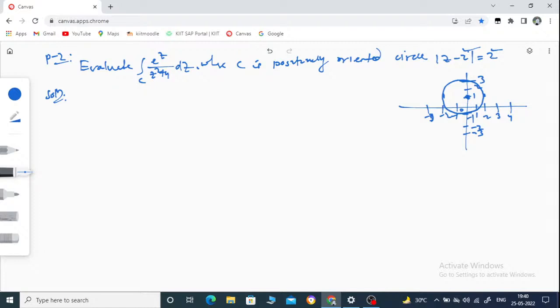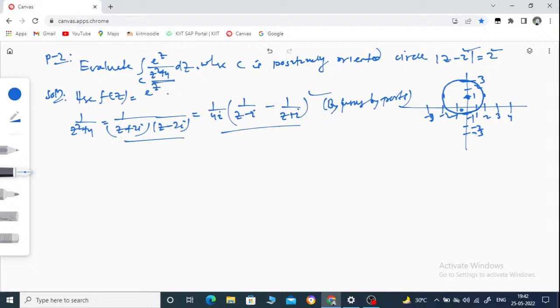You know, by parts you will use it. So by using partial fractions, sorry, this is z minus 2i, z plus 2i, z minus 2i, this is z plus 2i.